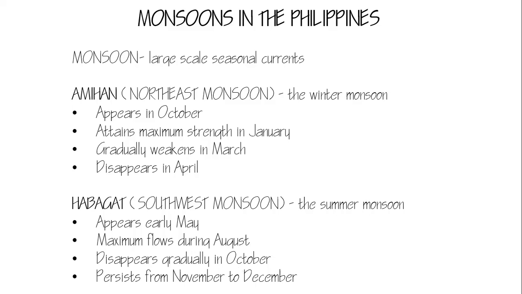It appears in early May, has maximum flow during August, gradually weakens in October, and then it's back to the amihan from November to December. So basically, place your windows on those areas, the northeast and the southwest.